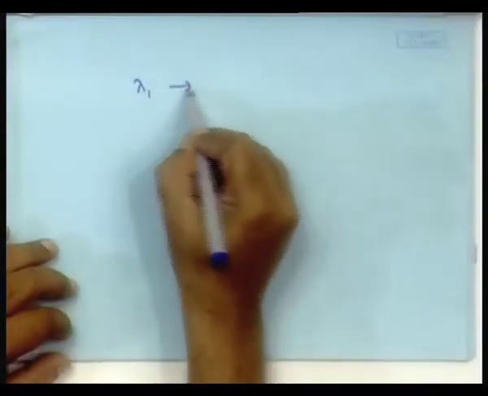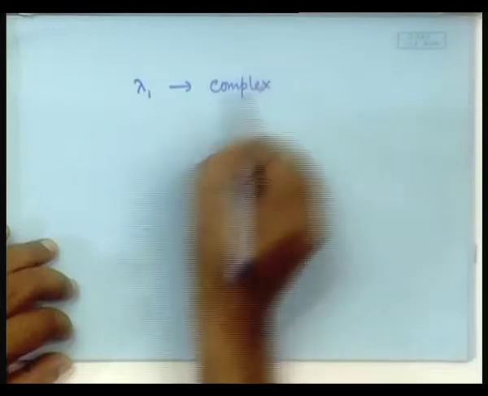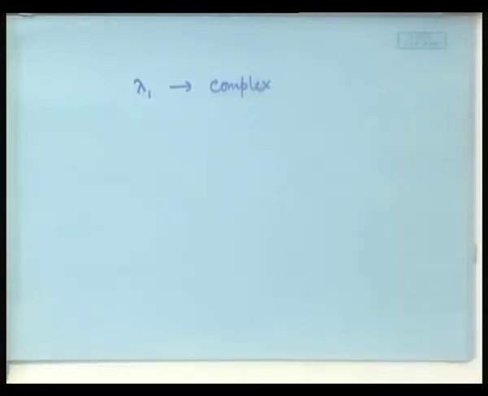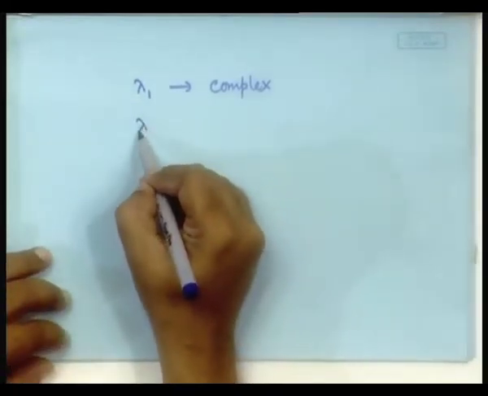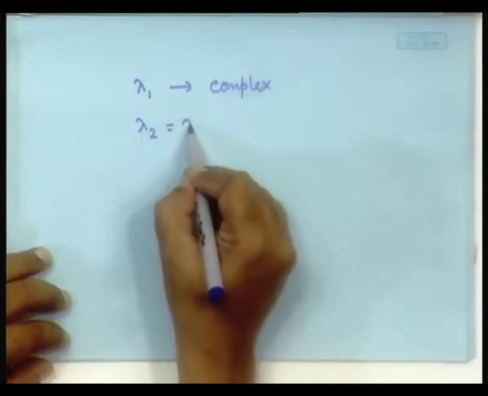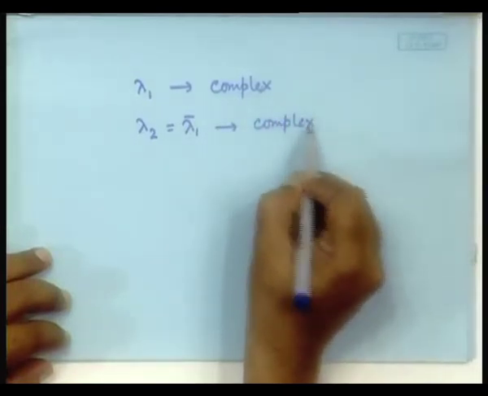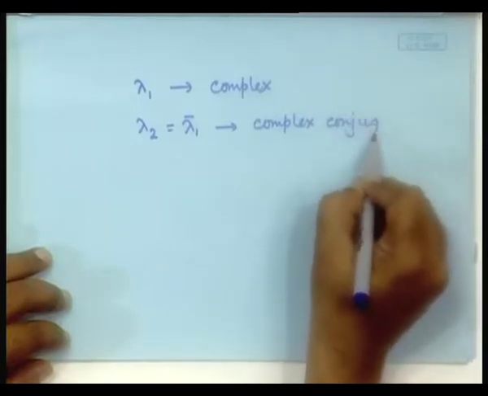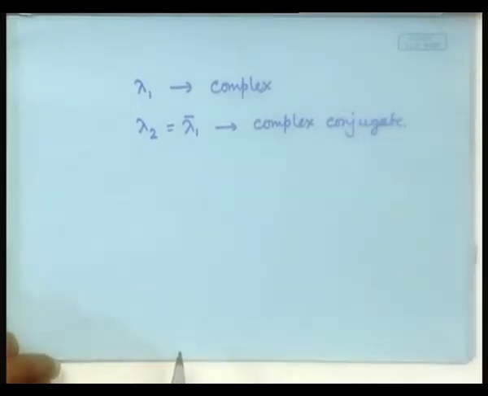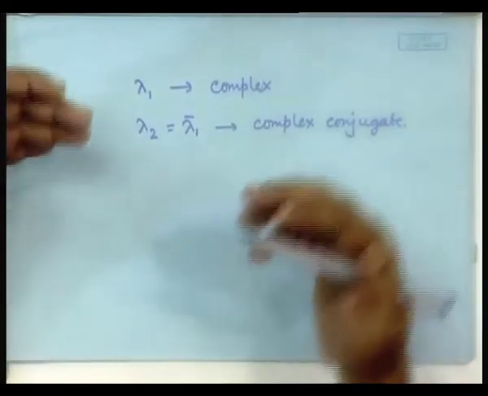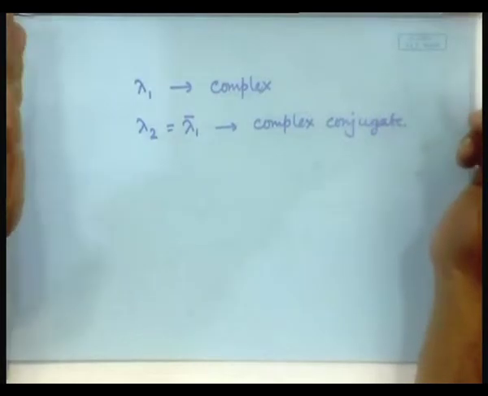So, you have say an eigenvalue, that is lambda 1, which is complex. There will of course be another, lambda 2, which is lambda 1 bar, the complex conjugate. Now, the next stage was that we had to identify the eigenvector and then place an initial condition on that eigenvector.